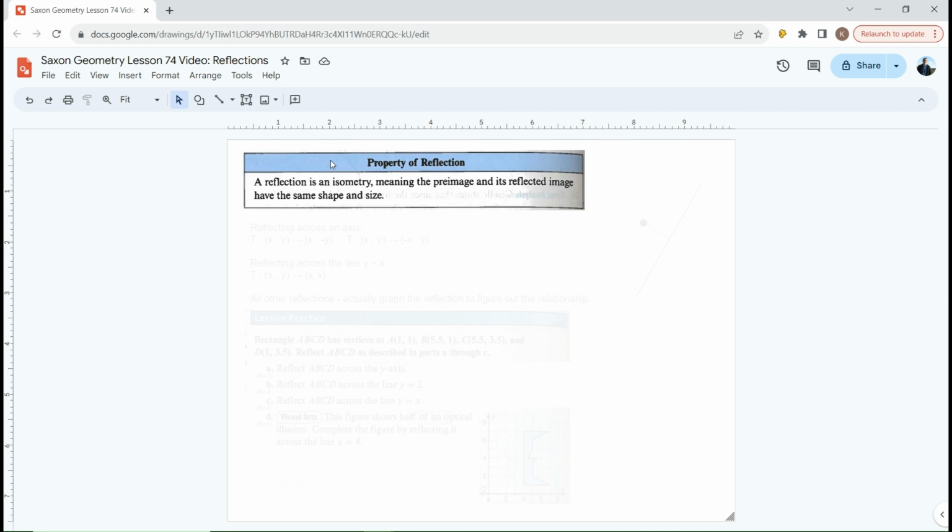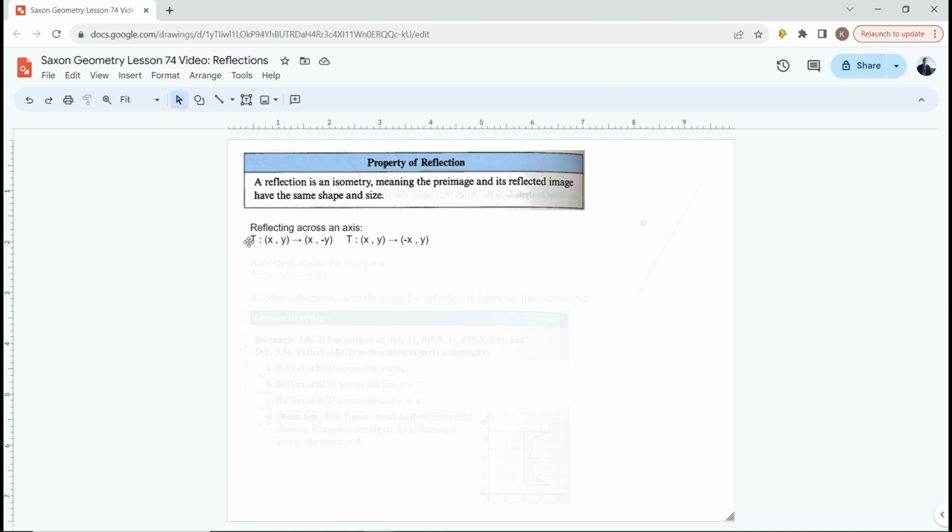Anytime you do a reflection, you flip something from one facing to a different facing. However, it is the same size and shape as the original. There are some really easy versions of this. There's a specific notation that we use for transformations.